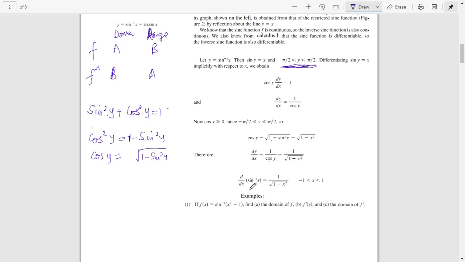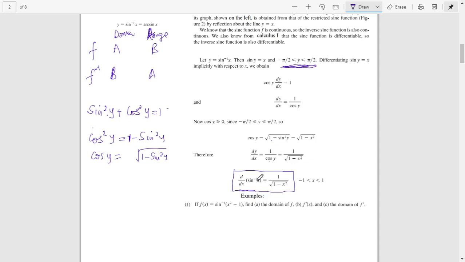So that tells me that the derivative with respect to x of sine inverse of x is equal to 1 over the square root of 1 minus x squared. You should know this. It's very important that you know this.